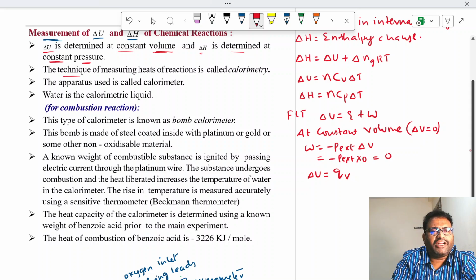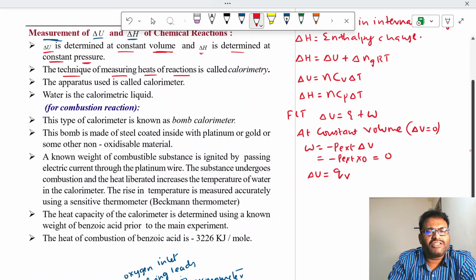The technique of measuring heats of reactions is called calorimetry. So we are measuring the heats of reactions, or the enthalpy of reactions, by using a technique, and that technique is called calorimetry.